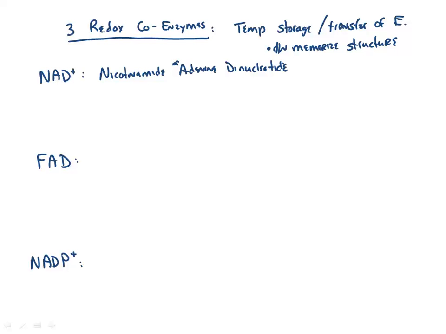It's one of those things that pops up in 2 different places. And then dinucleotide, what is that telling you is in there? 2 nucleotides, right? And so if we take a look at it, it really is basically just adenine plus ribose times 2 plus phosphate times 2 plus nicotinamide.